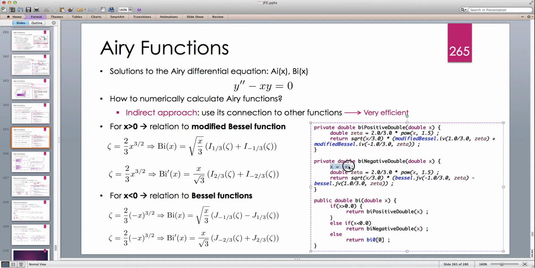I set x to negative x, so x becomes positive. Zeta is 2/3 power x 1.5, and return a square root of x over a square root of 3... so this x should be outside.